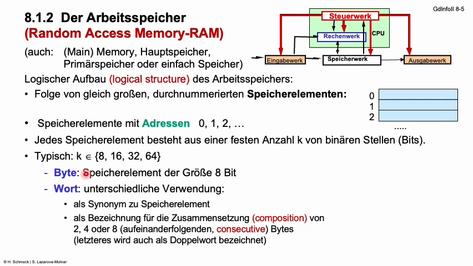When we talk about a memory element of size 8 bits, we call this a byte. We can also use the word "word", which can have different meanings and is also used as a synonym for a memory element. In general, it refers to the composition of 2, 4, or 8 consecutive bytes, where the last one is also known as a double word.